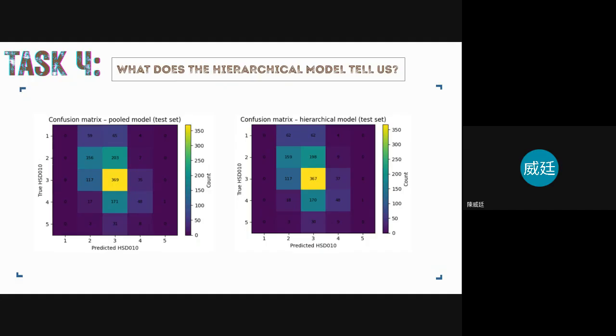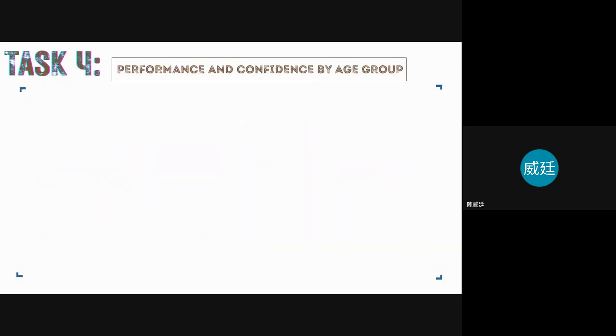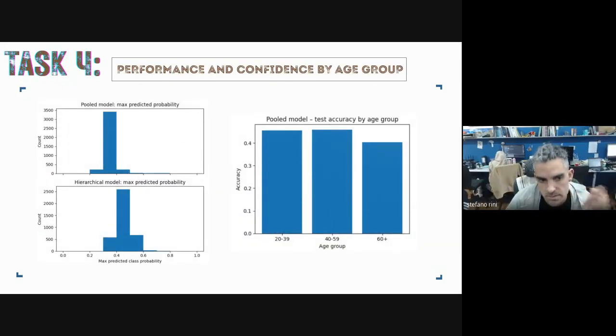So in short, the hierarchical model does not change the global error pattern, but it somehow fine-tunes the prediction for specific groups. Group 3 was where there was an improvement.